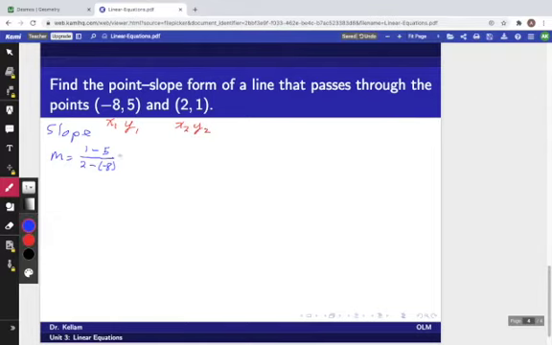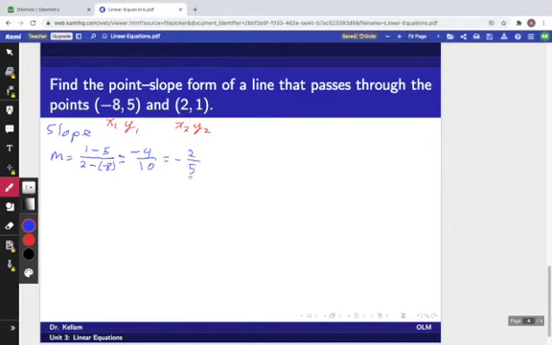Okay, well, this gives me negative 4 tenths, which is effectively negative 2 over 5.